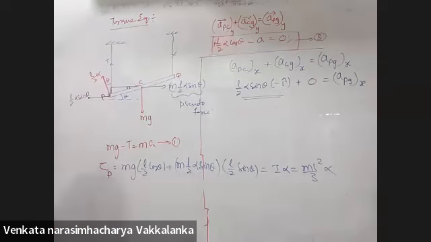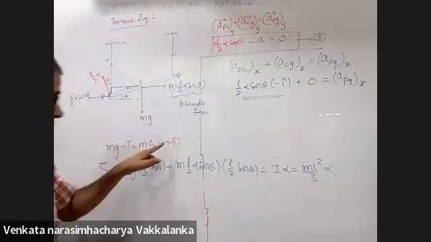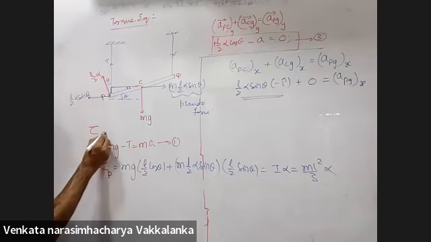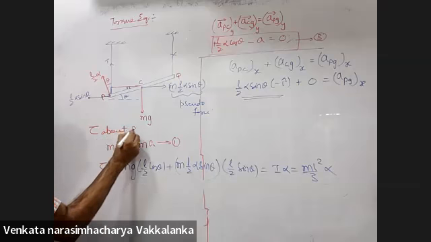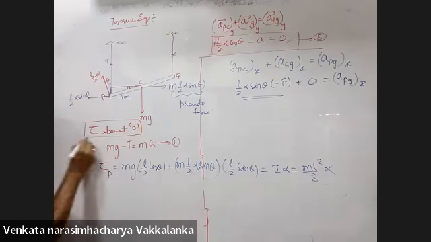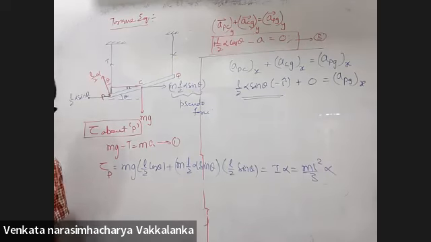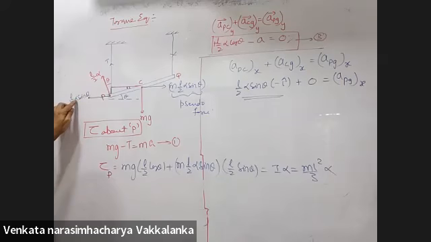Sir, should we write this in the notebook? Yes, from here you will write: taking torque about point P. This procedure is by taking the torque about point P. Simplify for T and tell me if you are getting the correct answer or not. I am waiting for you. Point P is accelerating to the left.